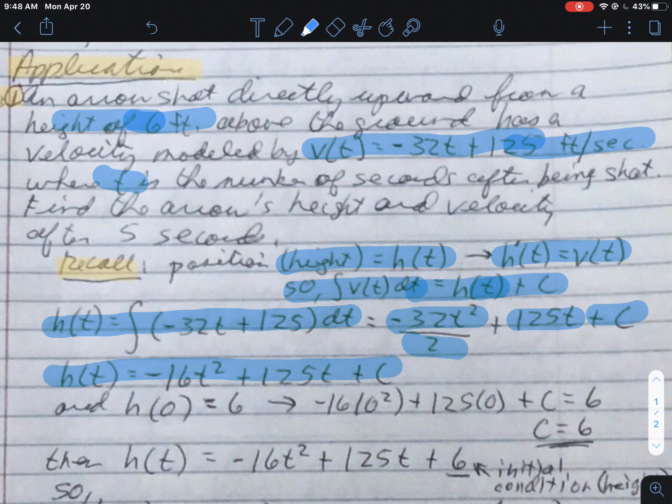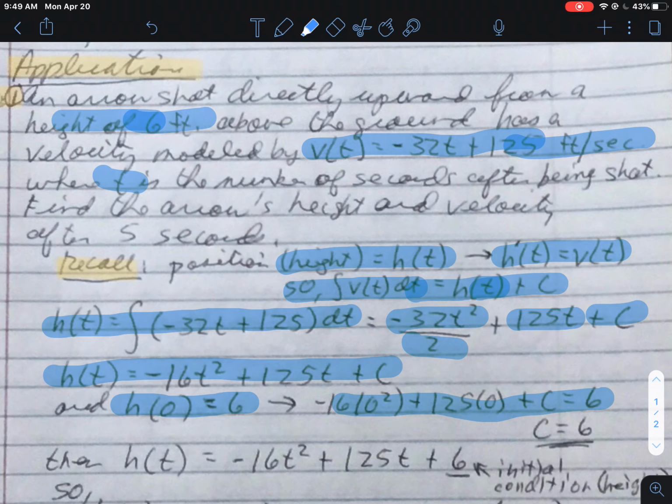Now I do know the initial height of our arrow, because in our problem it told us that the arrow was shot upwards from a height of 6 feet. That would be the initial height, when t is 0. So I can use that information to find c, because we know the height at time t equals 0 is 6 feet. I'm just plugging 0 into the height function we just found, setting it equal to 6.